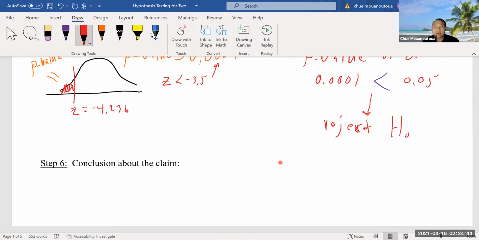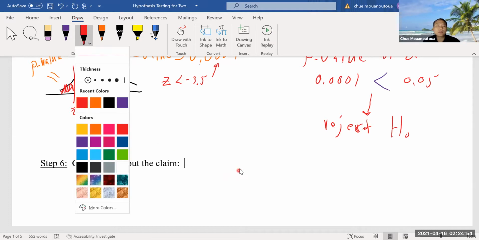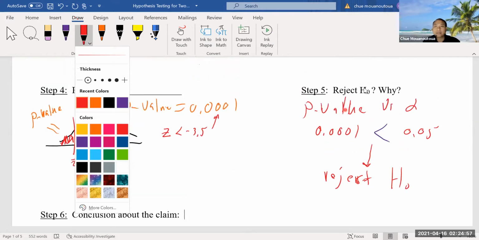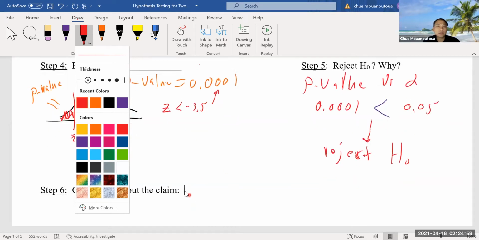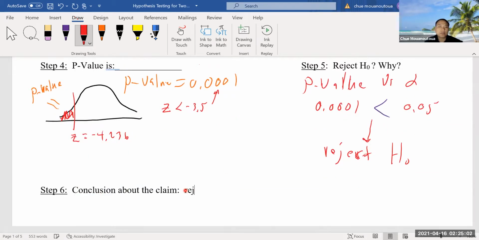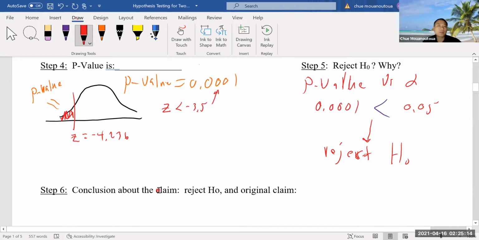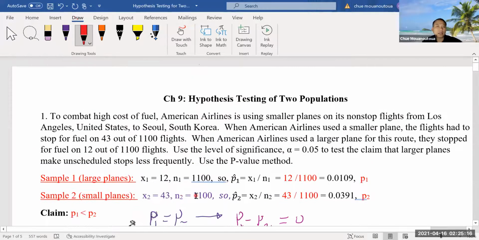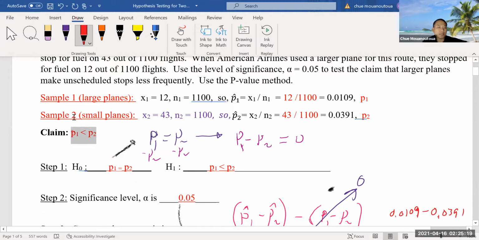Now because of this conclusion, we look at the original claim and the result from the previous step. Reject H0, and the original claim says P1 less than P2.